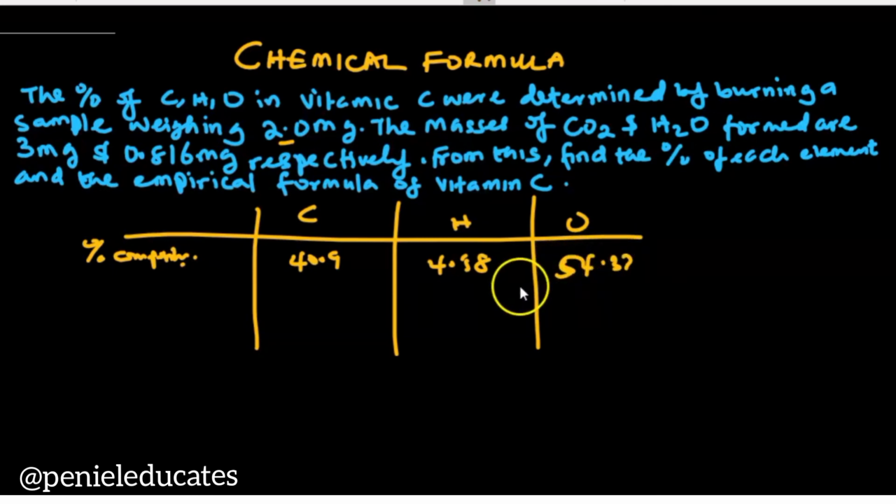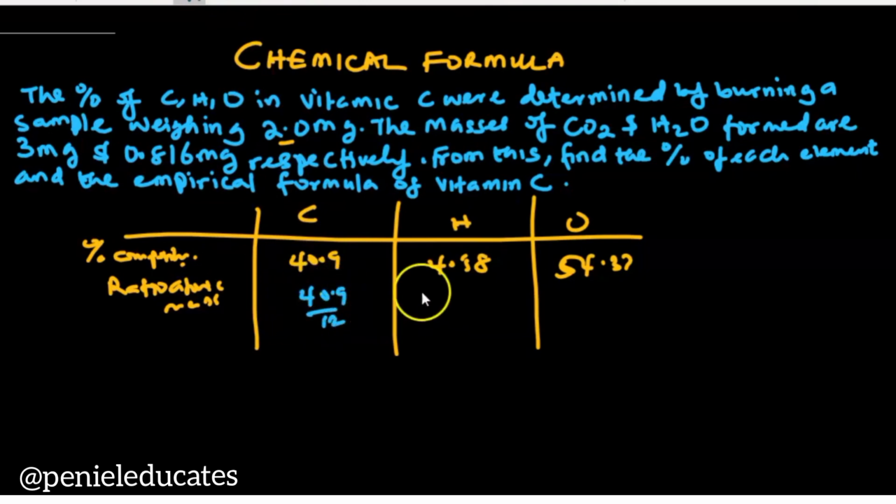Then we divide by the atomic mass. The atomic mass of carbon is 12, so 40.9 divided by 12. For hydrogen, that's 4.58 divided by 1. And for oxygen, that is 54.33 divided by 16.